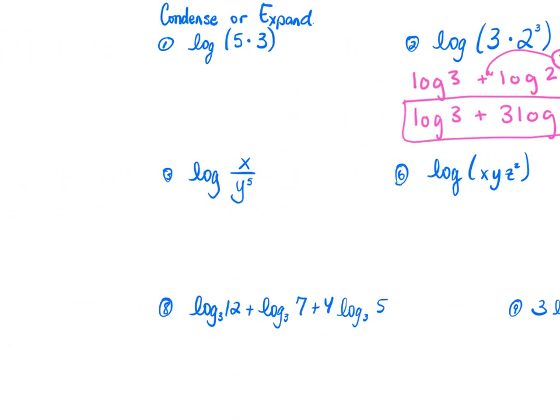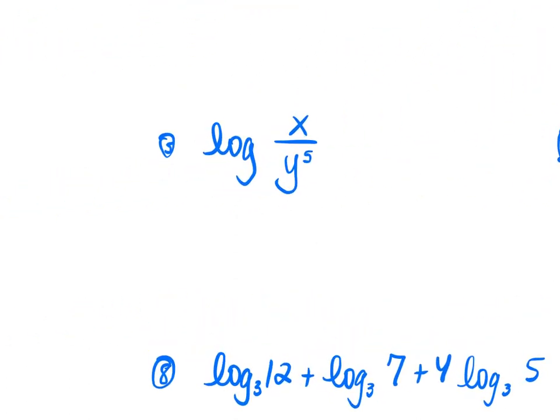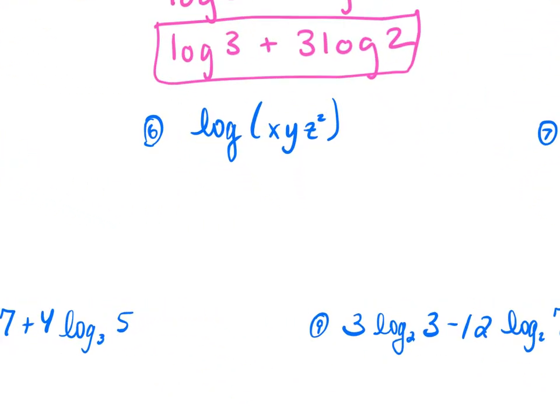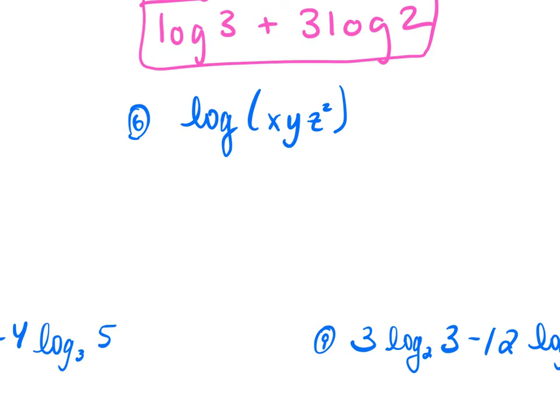Let's look at number 5. What would we do here? 6. Yep, the even ones. What do we do here? You're adding again. So here you're expanding, but we're adding. So we have, oh wait, sorry, I was looking at number 7.